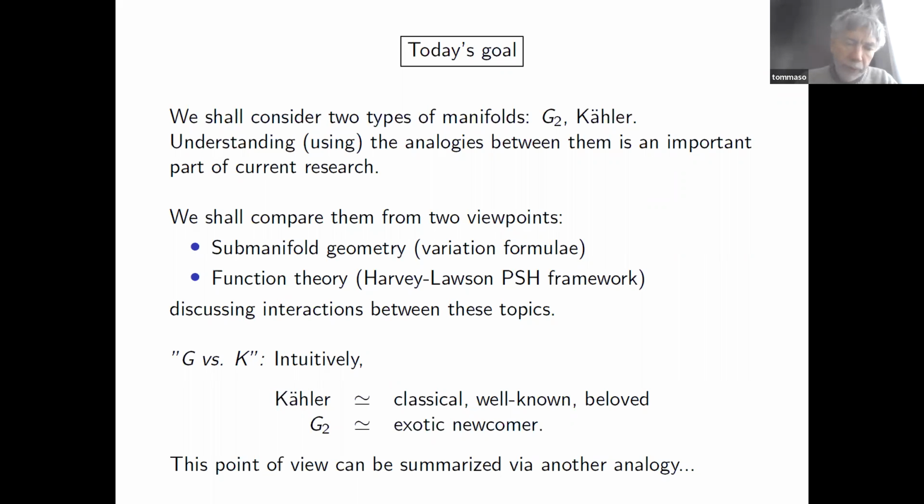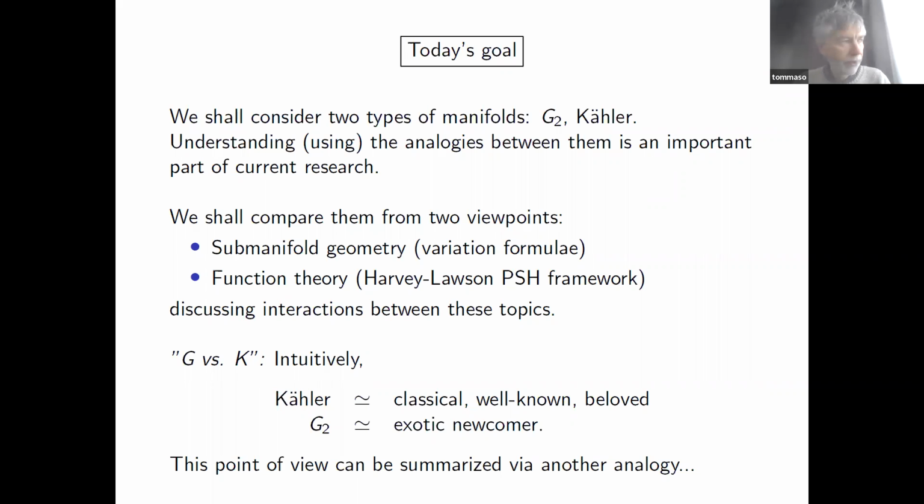And so to be specific, I will make a choice of certain topics: submanifold geometry and function theory. I will discuss these as we go along. And in particular, I will try to show how they interact and where the boundary is of research at this moment, to understand perhaps new directions in which we can develop these topics.